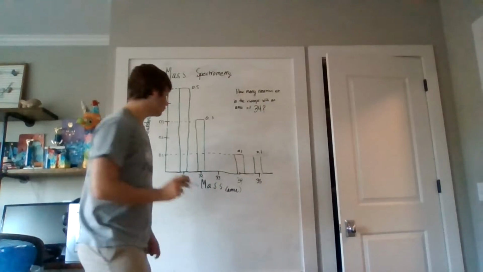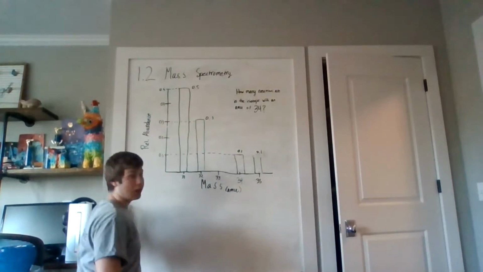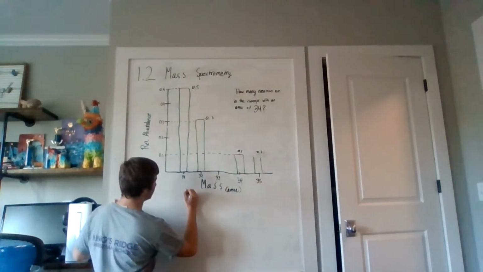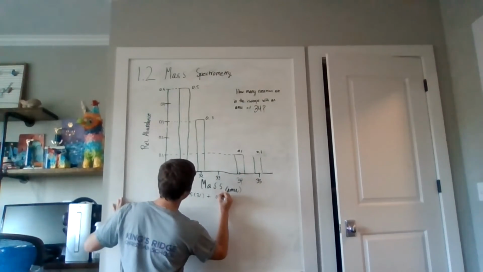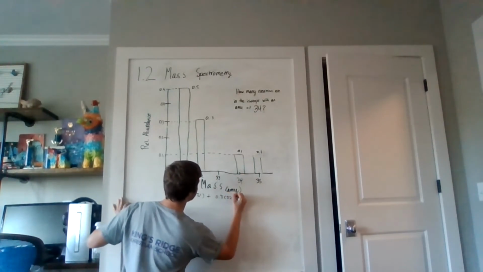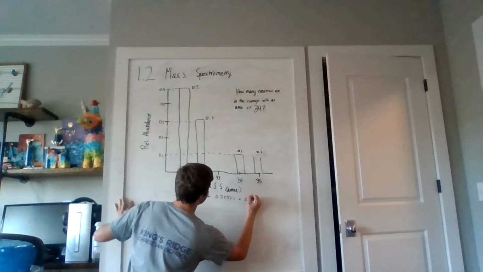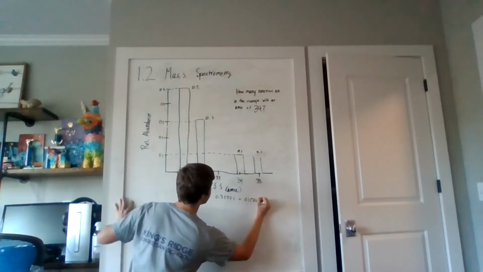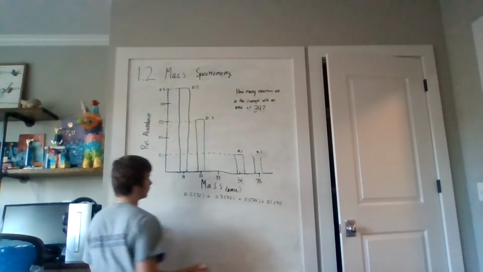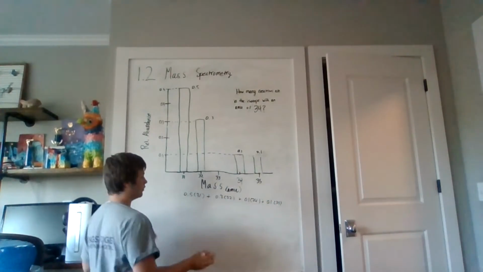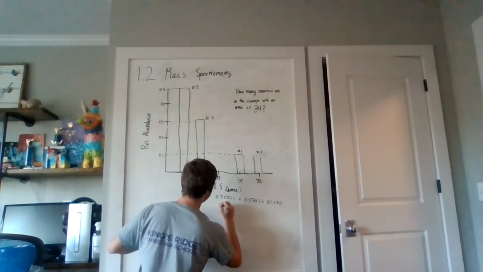So now we can do our calculation to get the average atomic mass, which is 0.5 times 31 plus 0.3 times 32 plus 0.1 times 34 plus 0.1 times 35. And all of this will give us an atomic mass of 32.